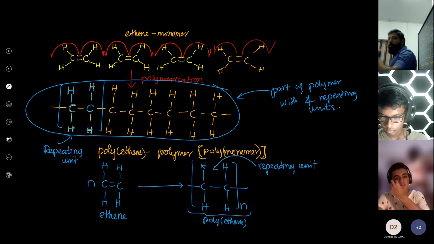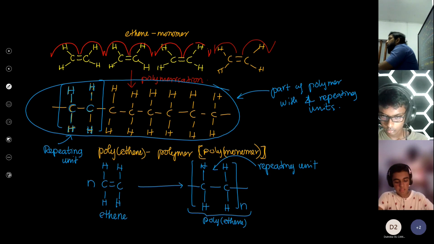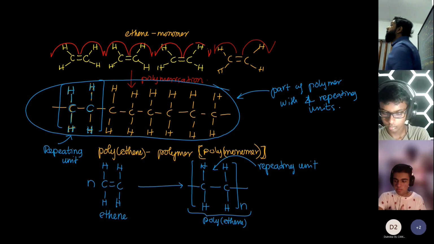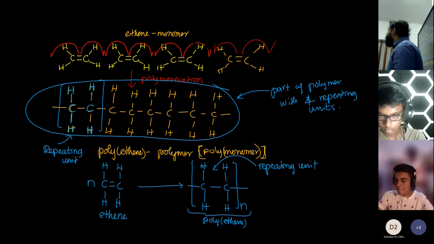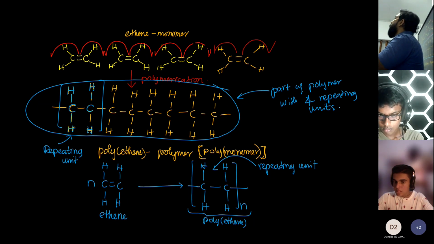No. Since the polymerization happens between alkene molecules to form only one product, that polymerization is called addition polymerization. Why? Because the polymerization happens among alkene molecules forming only one product.